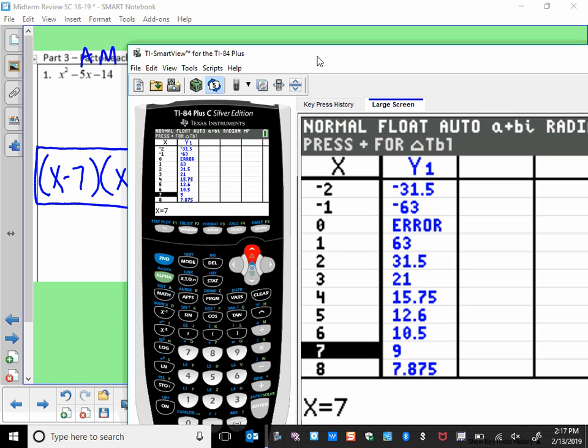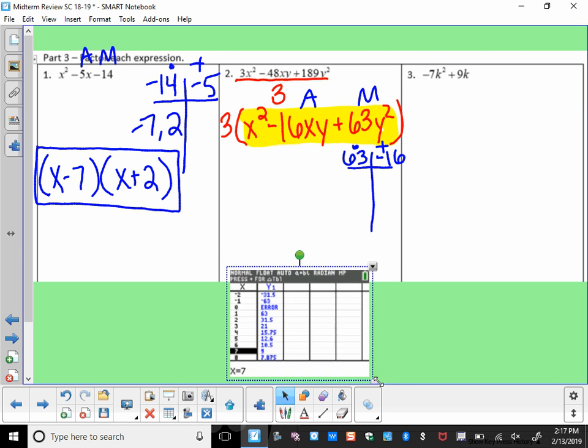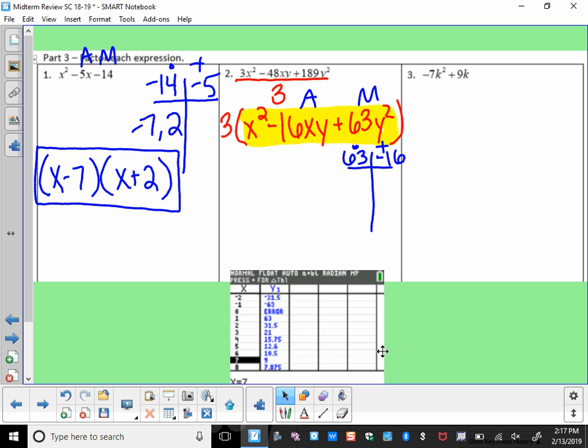Wait, negative 16, right? But 7 and 9 would work. We just have to figure out what gets the negative. What gets my negative here? Just both of them. Negative 9 plus negative 7 gives me negative 16.